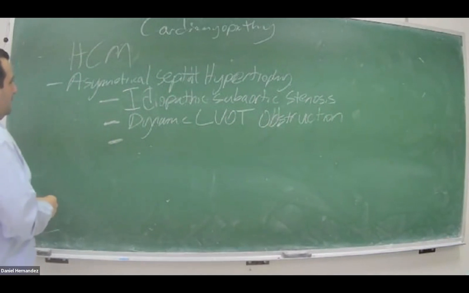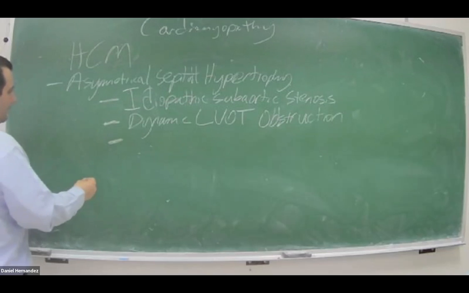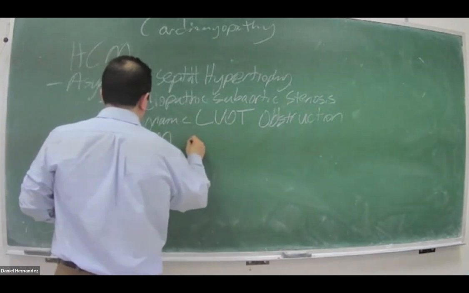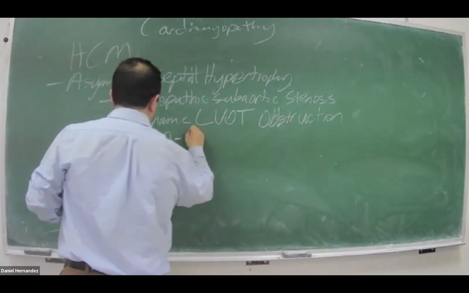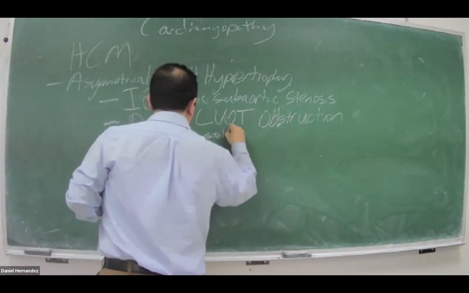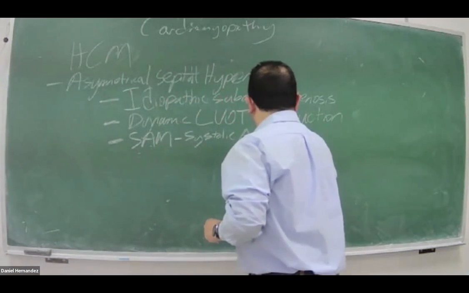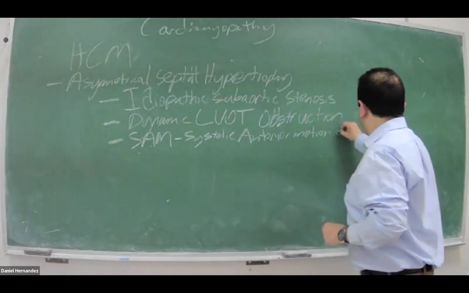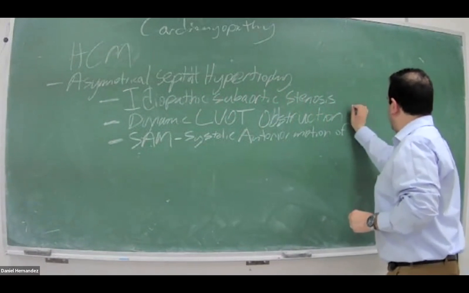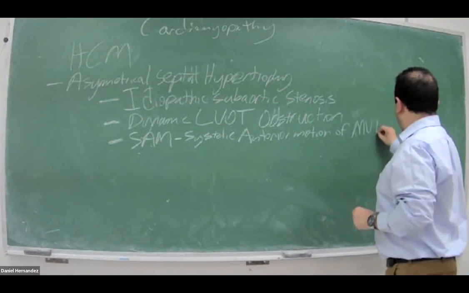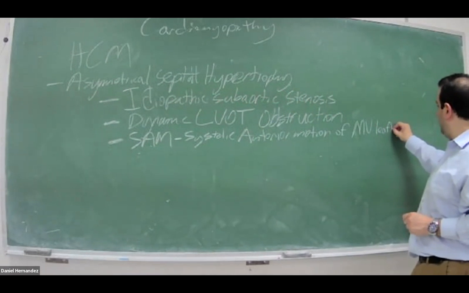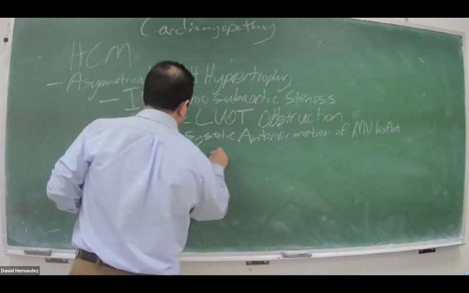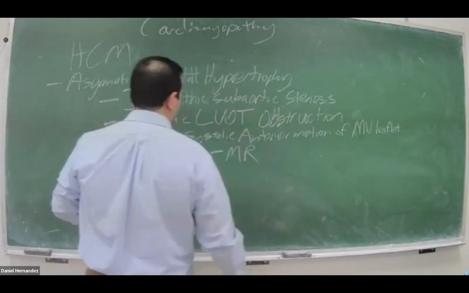Causes potentially SAM, so systolic anterior motion of that mitral valve leaflet. So it's that anterior mitral valve leaflet. So SAM causes MR, or mitral regurge.